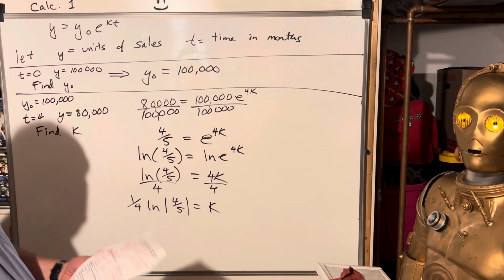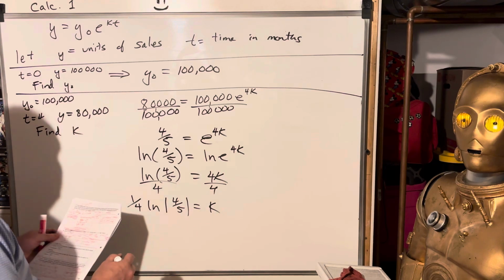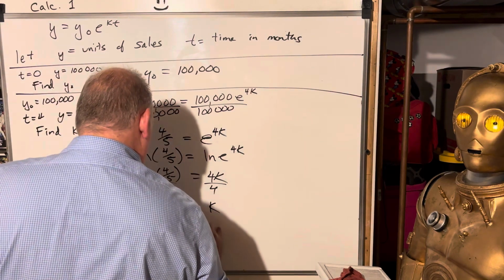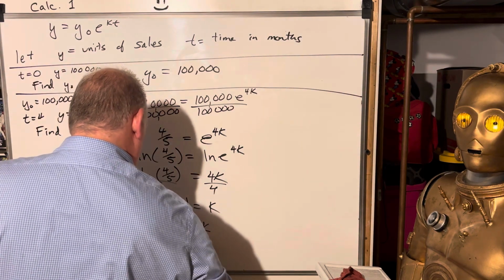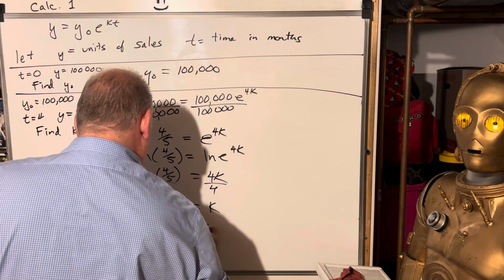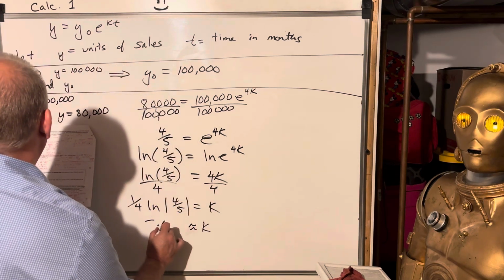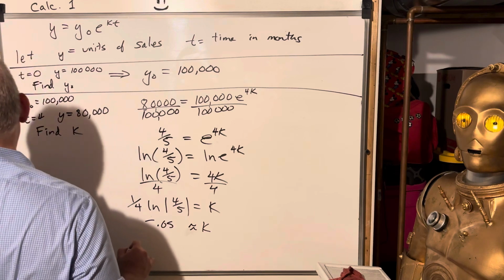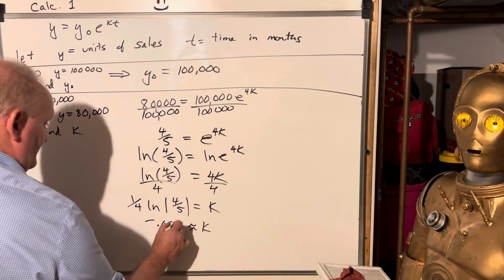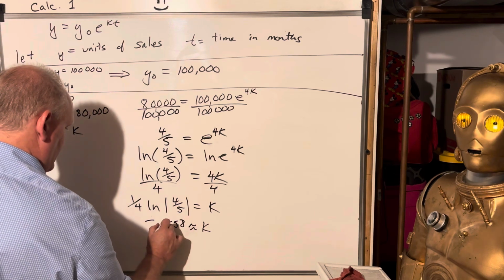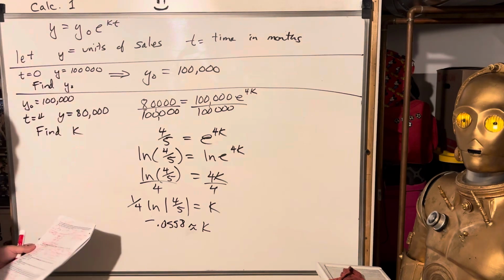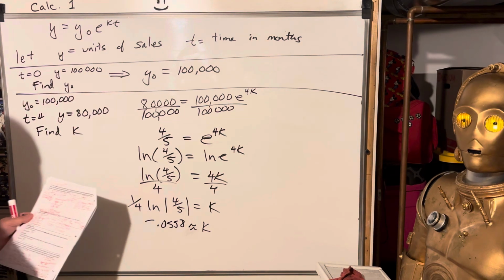All right. So k here is approximately negative 0.0558. So what does that mean? We have a model.